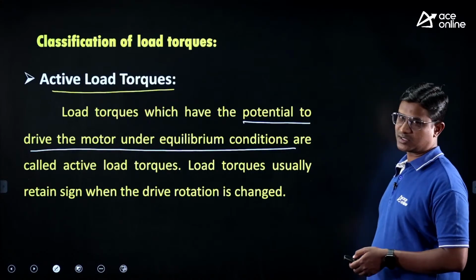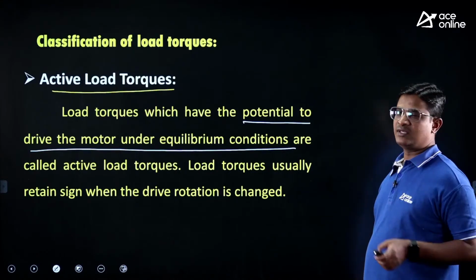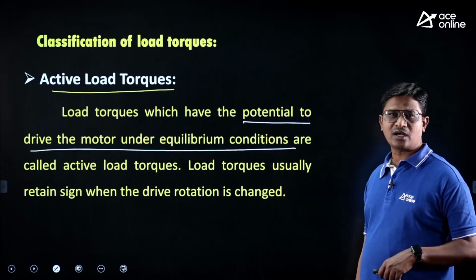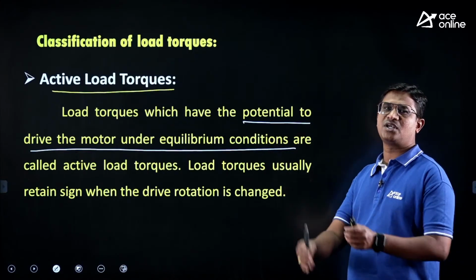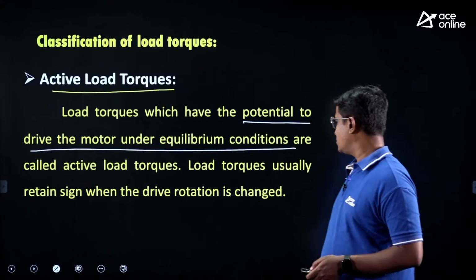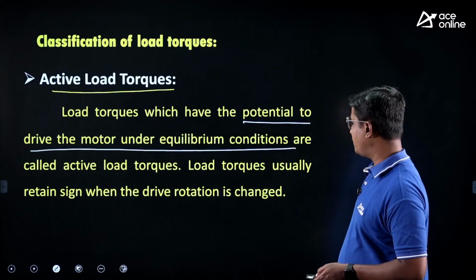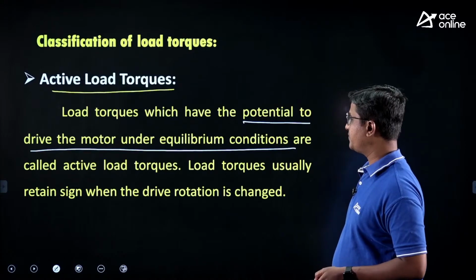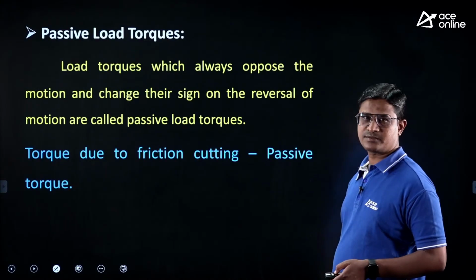Similarly, passive load torques are those torques which are only in opposition to the speed of the motor, the speed direction. Okay, right. So load torques usually retain sign when the drive rotation is changed. Next, passive load torques.